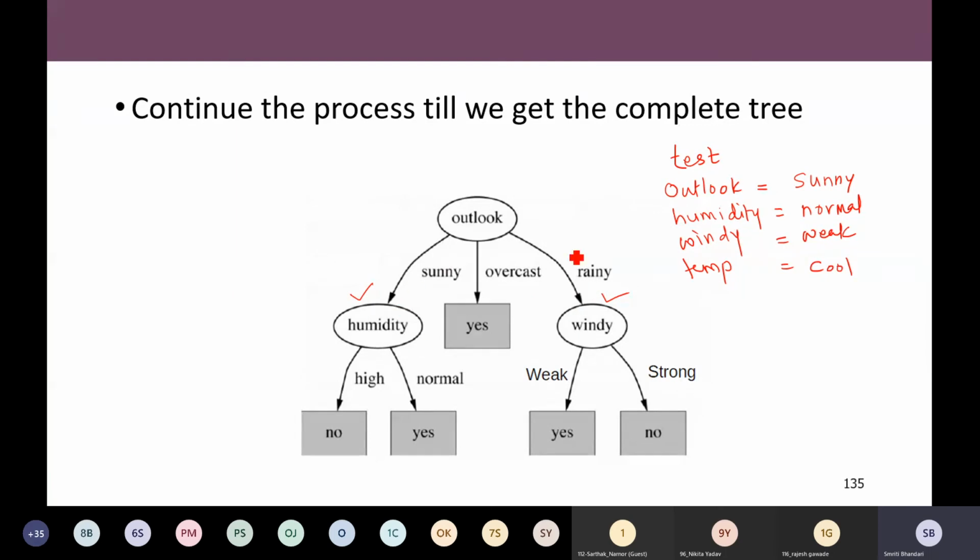Here we are not making use of temperature as a decision node because it is not required in this example, considering the data set.